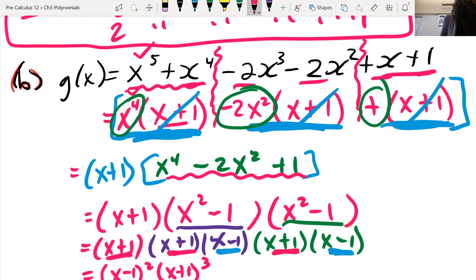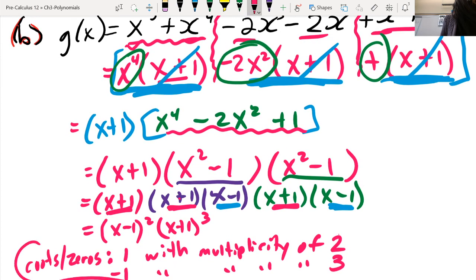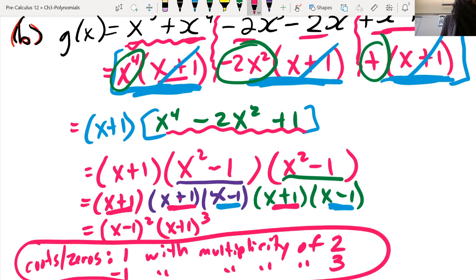I would say that it's at +1 with a multiplicity of 2, and at -1 with a multiplicity of 3. So that's ultimately what we were looking for.